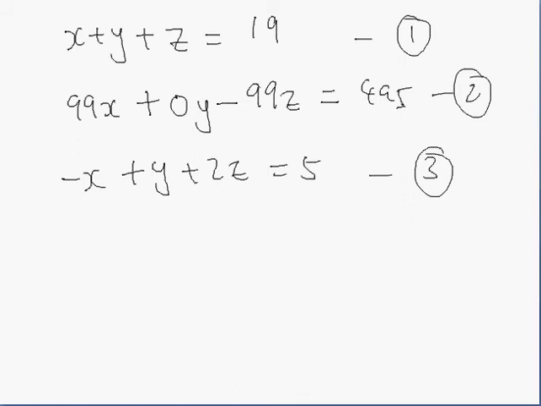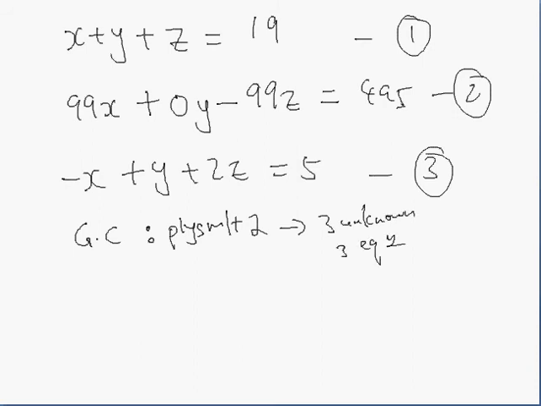I'm not going to show the actual screenshot of the GC, but when you go to PolySmlt 2, I have three unknowns, three equations, and we are going to key into the so-called matrix form. We are going to key in the coefficients for x, y, z, and the constant in this format.